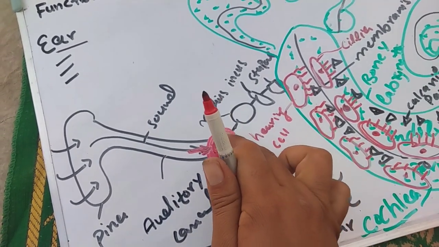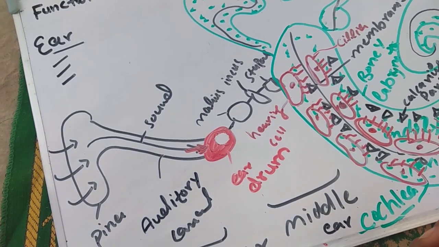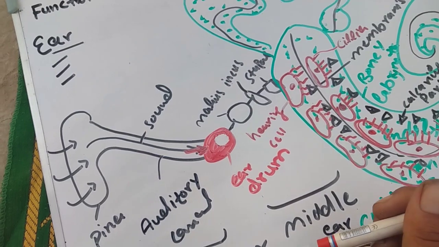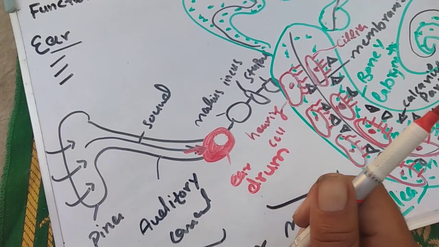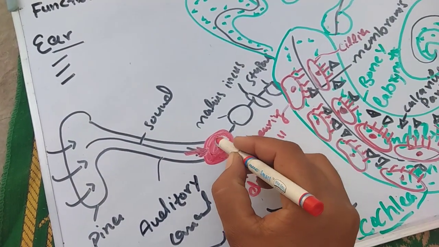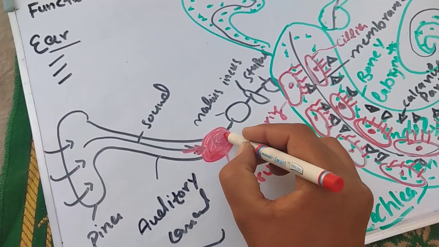If any hole is present in the eardrum, vibration is not produced, and a person cannot hear sound. That's why the eardrum is very important.